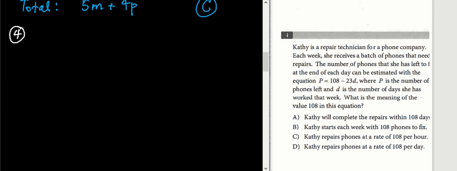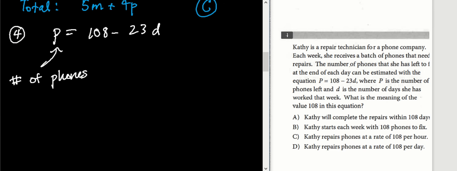The number of repairs she has left at the end of each day can be estimated with the equation P equals 108 minus 23D, where P is the number of phones left and D is the number of days worked, right?